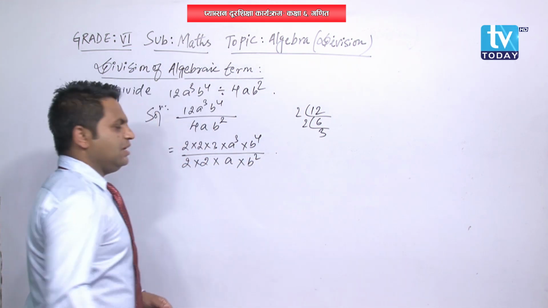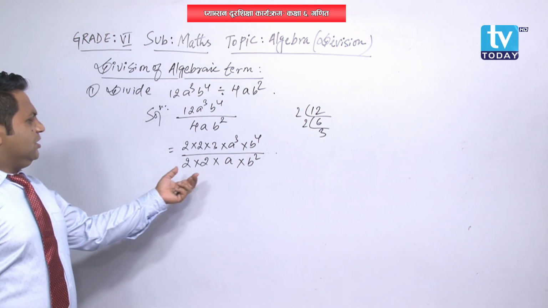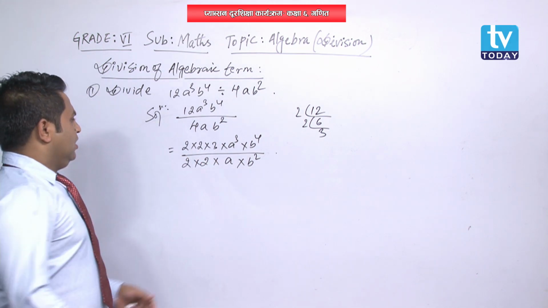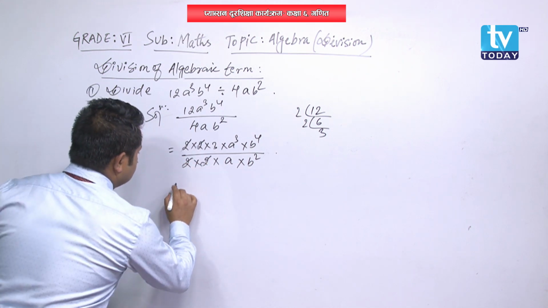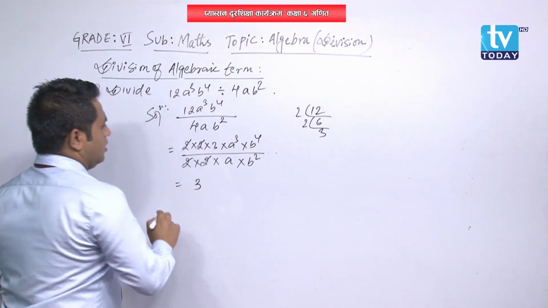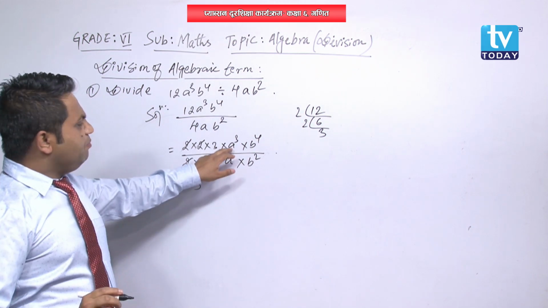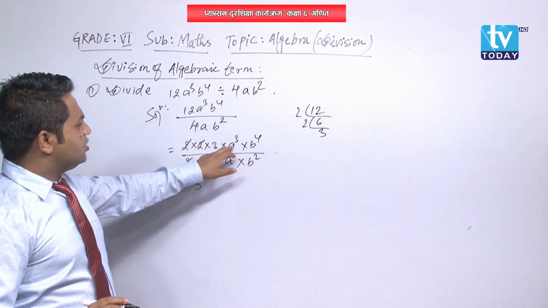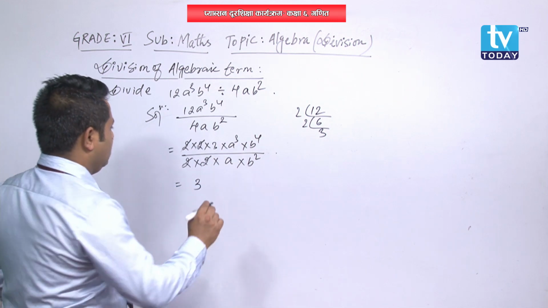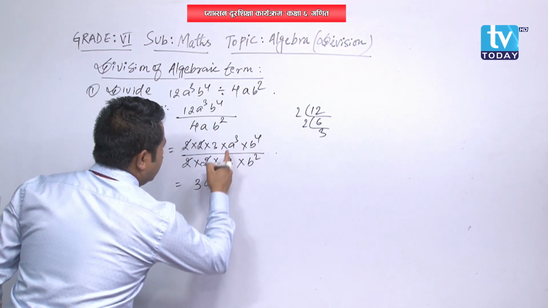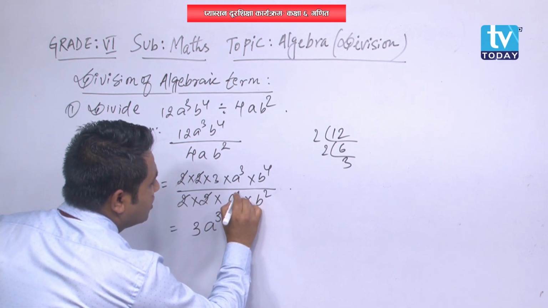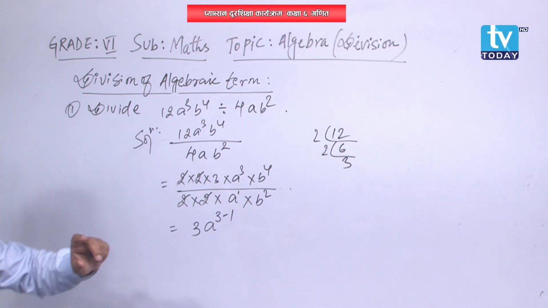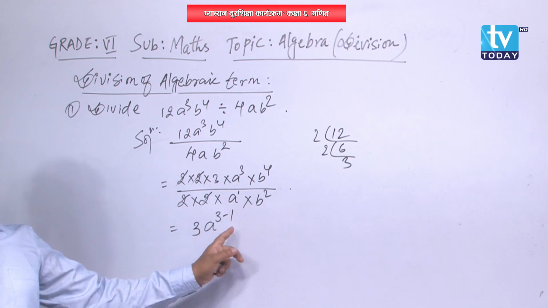Let's try to solve this in the easiest way. 2 cancels out, 2 cancels out, so 3. Now the base is the same: here a, here also a. It is a to the power 3 minus 1, because the power of a is 1 at the denominator, and if it goes to the numerator, it becomes minus.